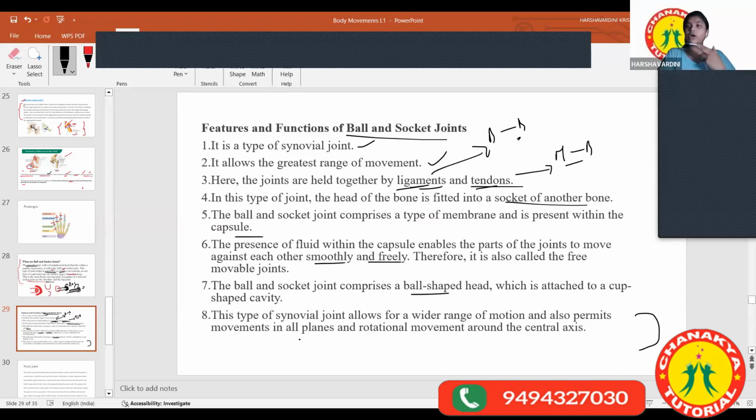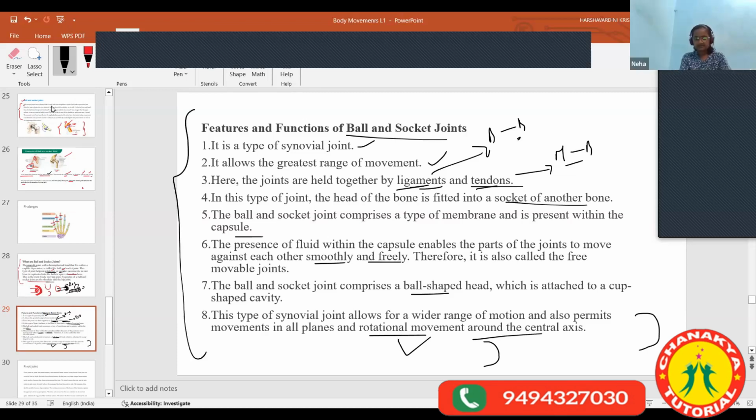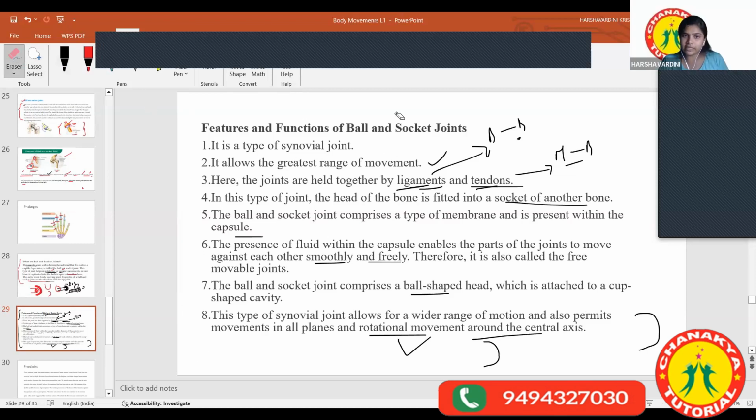Whereas a hinge joint allows movement only in one plane, a ball and socket allows movement in all planes. And rotational movement, why? They have a hemispherical structure, so they obviously allow rotational movement around a central axis.